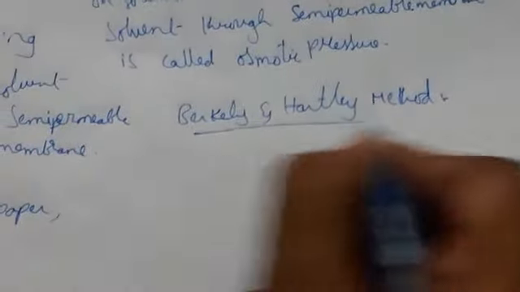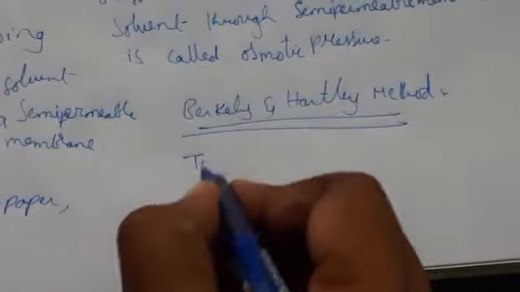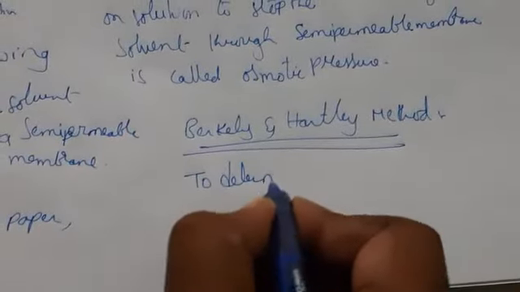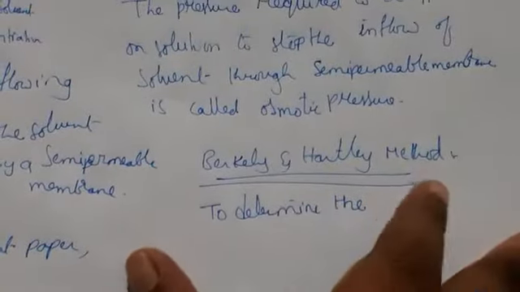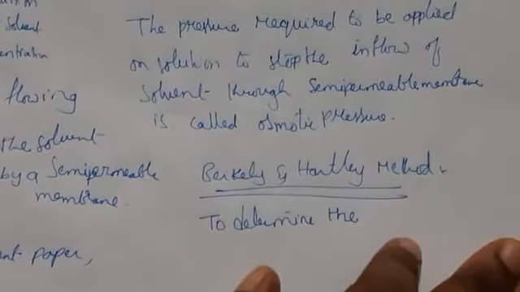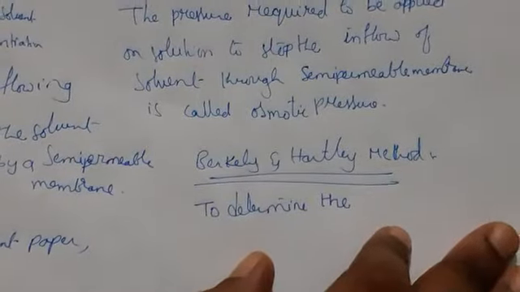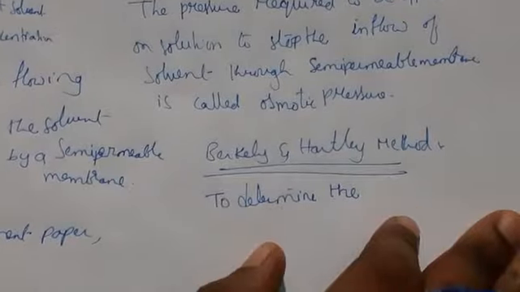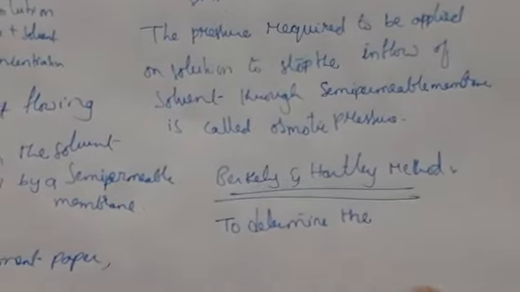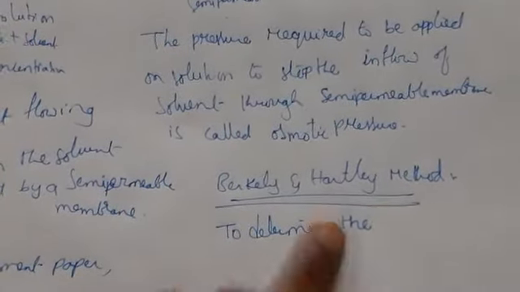This method is to determine the pressure, whatever we are talking. What is the osmotic pressure we are saying? The pressure to prevent the flow of solvent into the solution through a semi-permeable membrane. So here, the pressure to prevent entry of solvent, separated by a semi-permeable membrane, is measured.